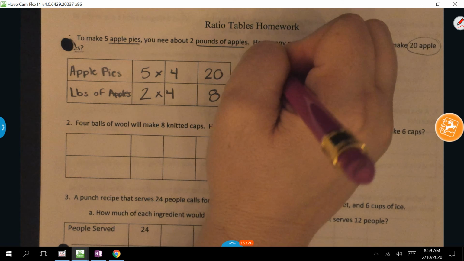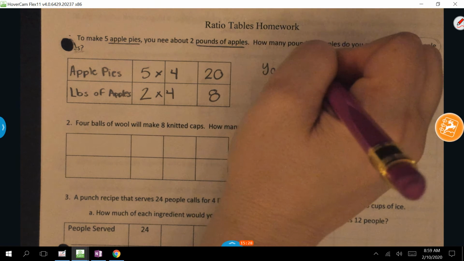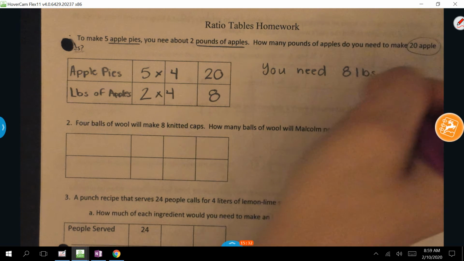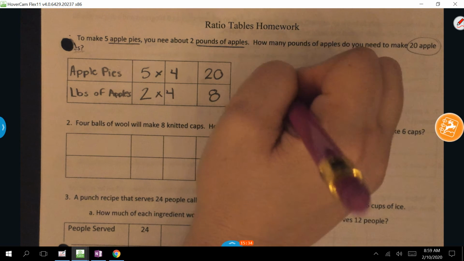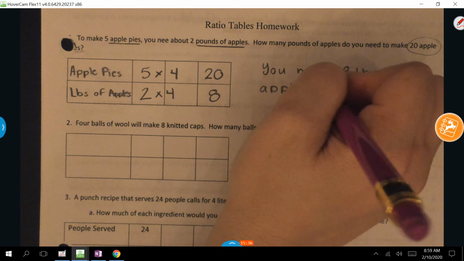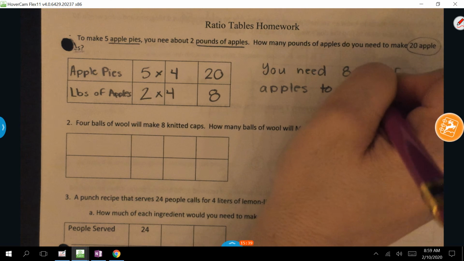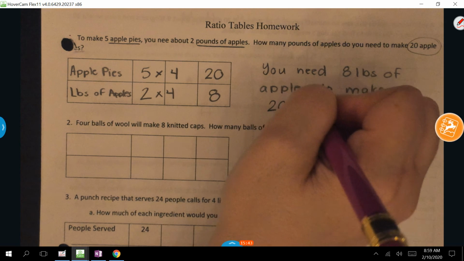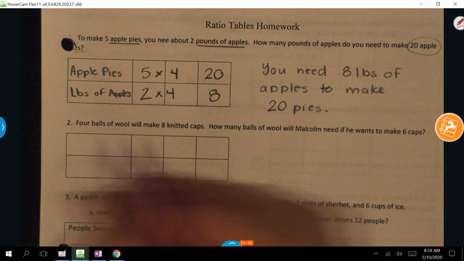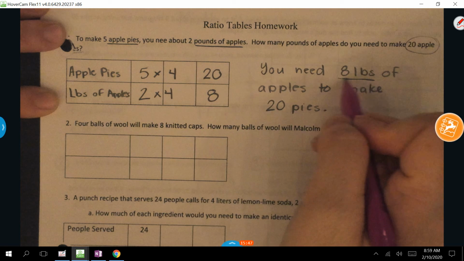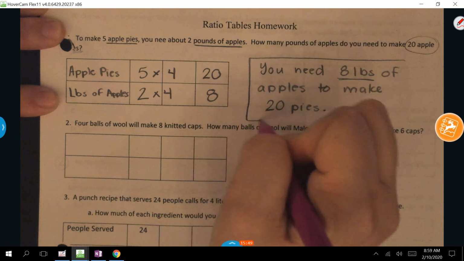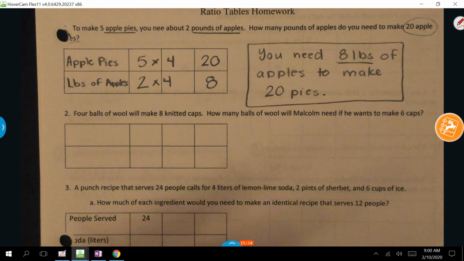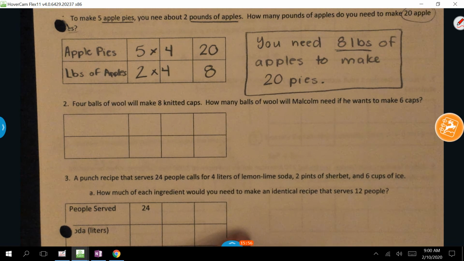So let's see, you need 8 pounds of apples to make 20 pies. Okay, so obviously the 8 pounds of apples was our answer, and we write it in a complete sentence since it's a word problem. All right, number 2.